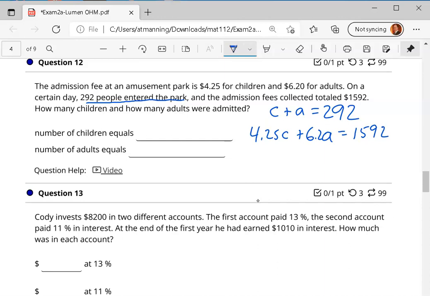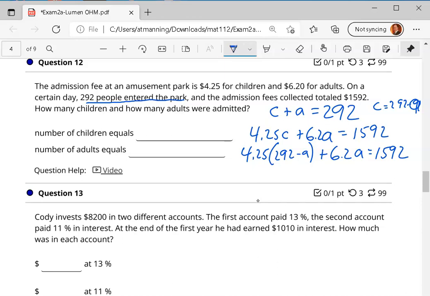I know C equals 292 minus A. So C equals 292 minus A. Wherever I see a C, let's put that here, and then all I have left is A's, and I can solve for A. So I have 4.25 times 292 minus A plus 6.2A equals 1592.